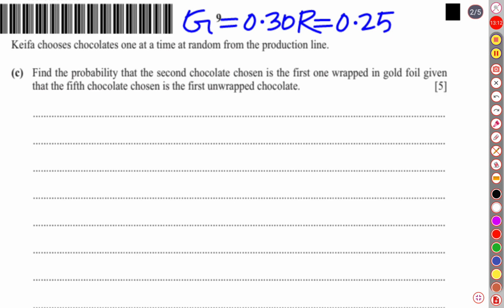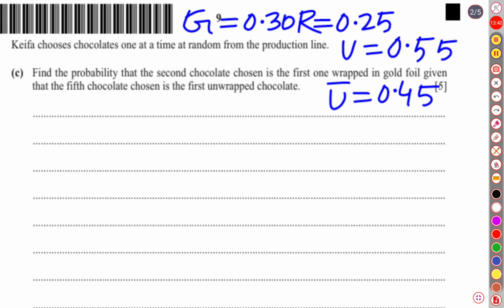Then unwrapped: 30 and 25 make 55, so that goes to 0.55. If 0.55 is wrapped, then unwrapped, which we may write as U bar, is 0.45.